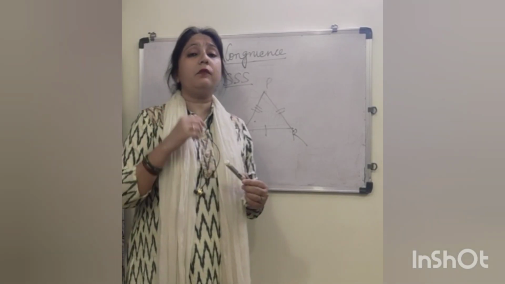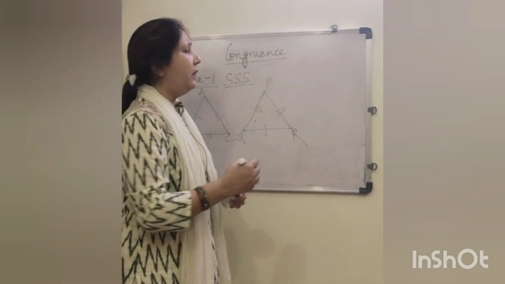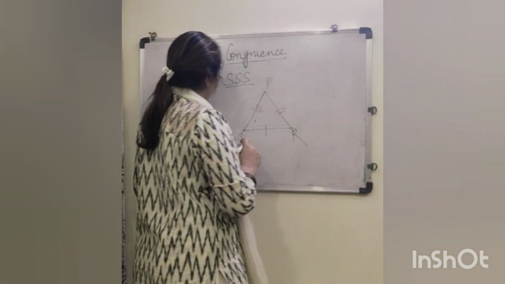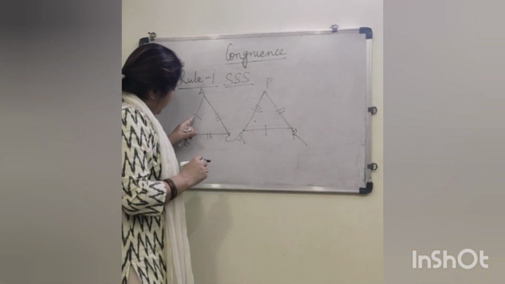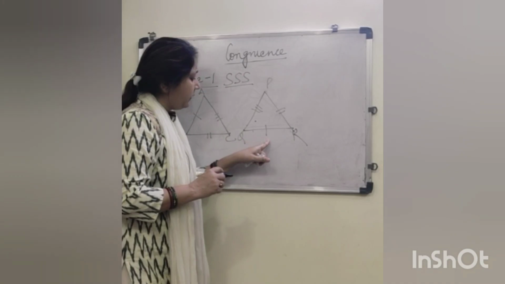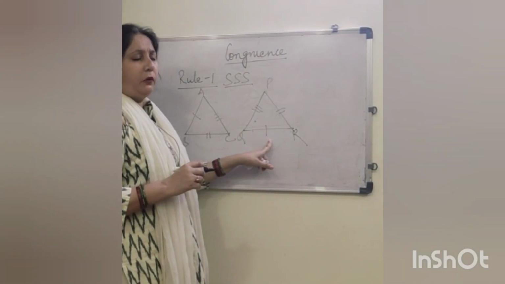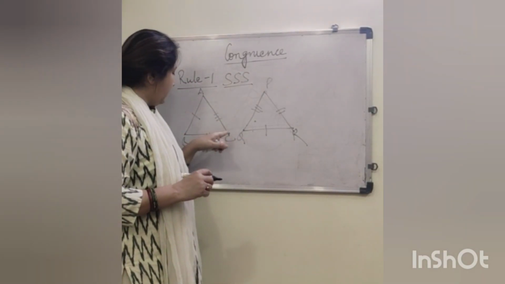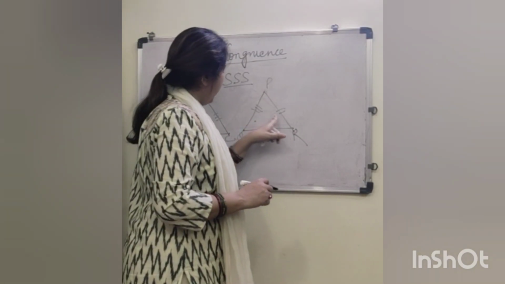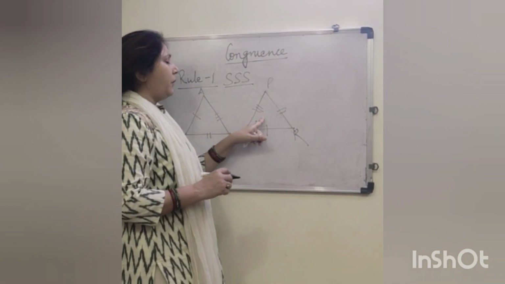Now you will ask, from where does this word corresponding come? The side which has a single cut corresponds to single cut, double cut to double cut, triple cut to triple cut.